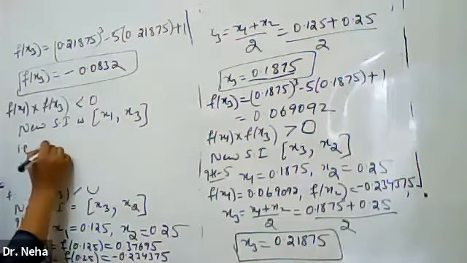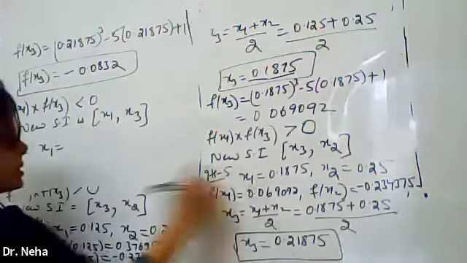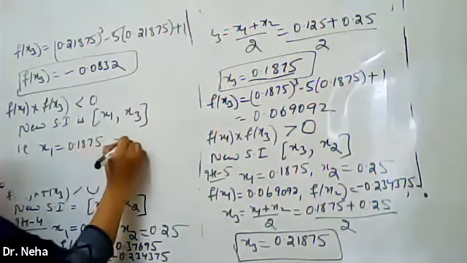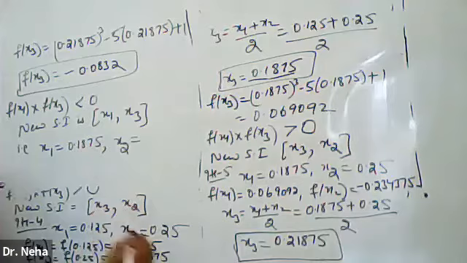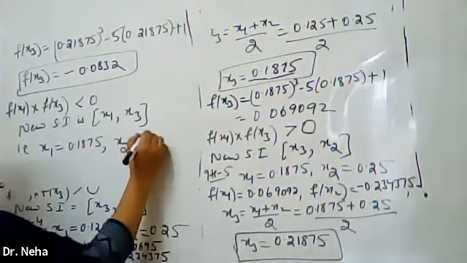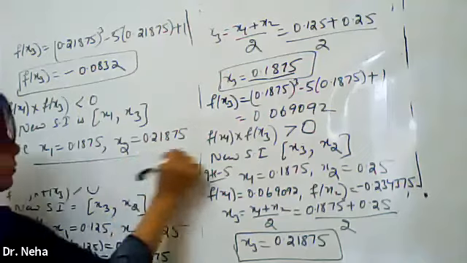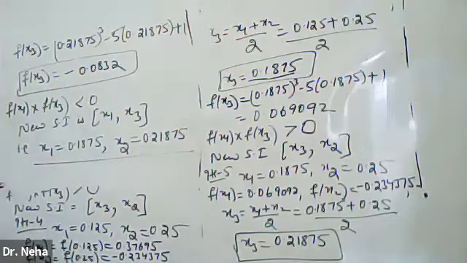That is new X1 is same 0.1875 and new X2 is X3, 0.21875. So we will stop here, since in the statement we were given perform only 5 iterations.